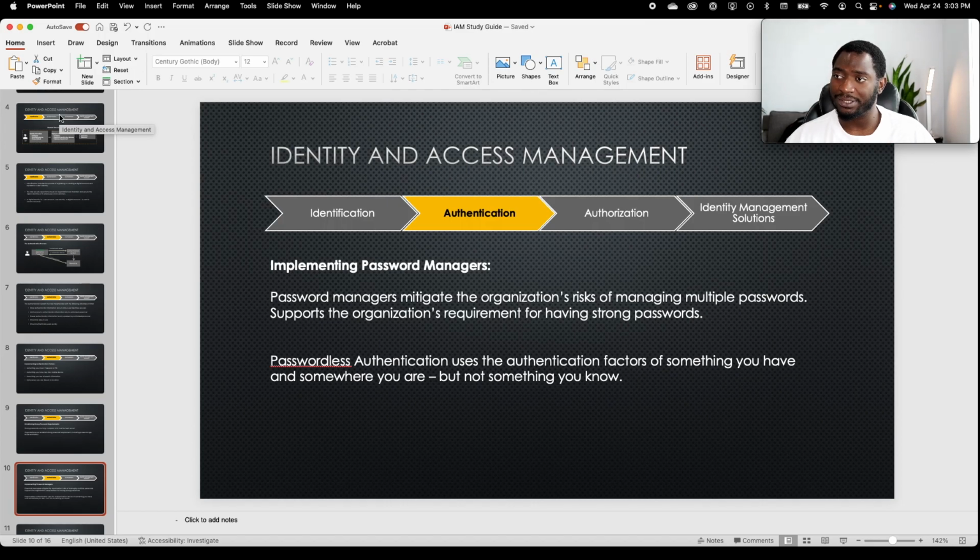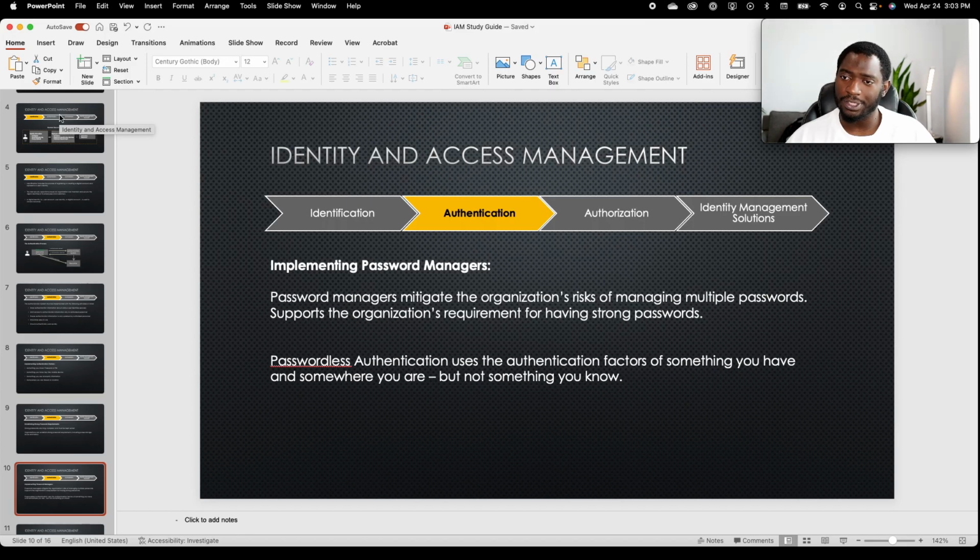You would need a subscription to a password manager like 1Password or LastPass. Those are just some examples of commonly known password managers. What these systems do is provide you the ability to store multiple passwords in an application that you can access when you need it.